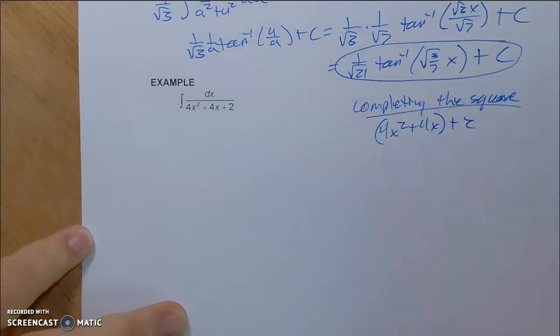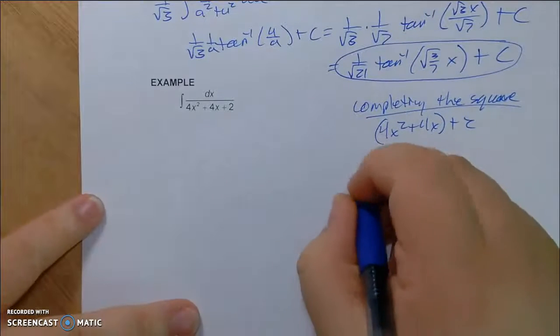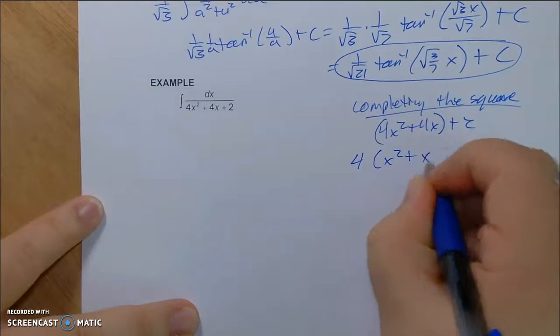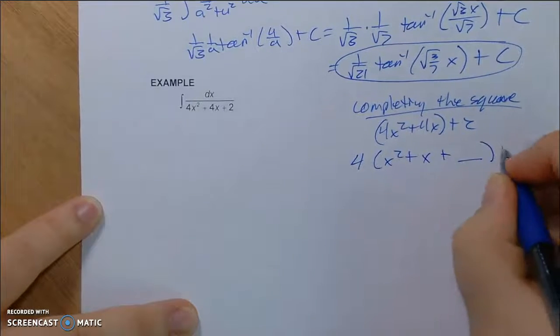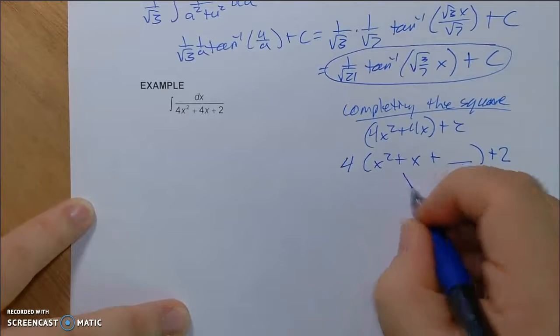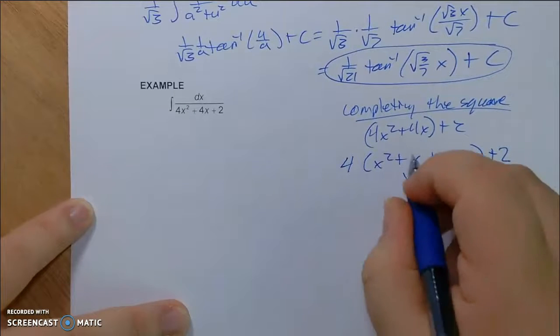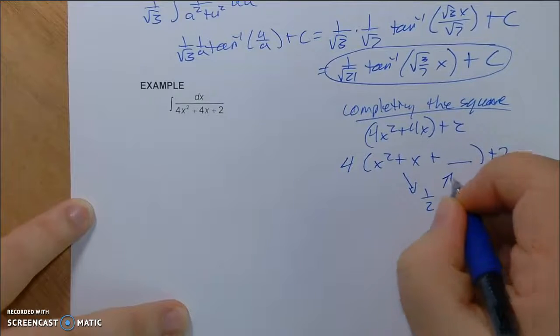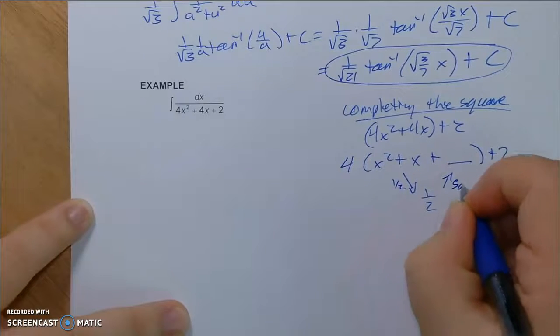we take our expression 4x squared plus 4x plus 2. We're going to group everything that has x in it and factor anything in front of x squared out. We have 4 times x squared plus x plus something, plus 2. We halve this, so half of this is a half. We square it, so this is 1/2 squared.